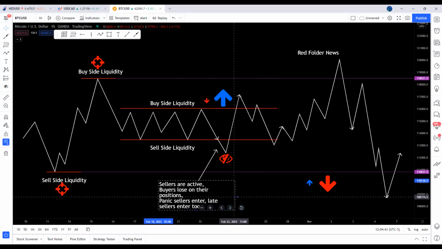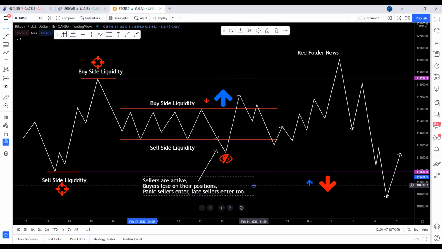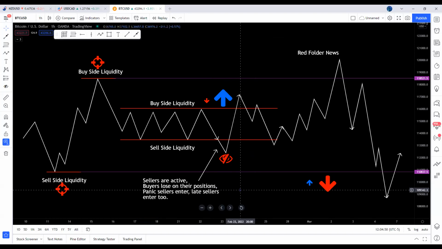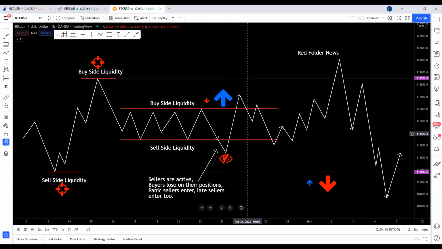When there's big news about to happen, seek and destroy enters and it usually tries to take out liquidity beforehand. That's why you see that during FOMC weeks. Do you guys notice that during FOMC weeks, generally there's not a lot of movement in the market before that day? Yeah, price kind of consolidates before FOMC.